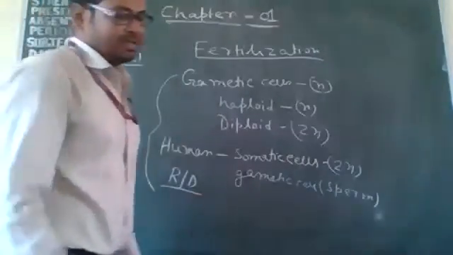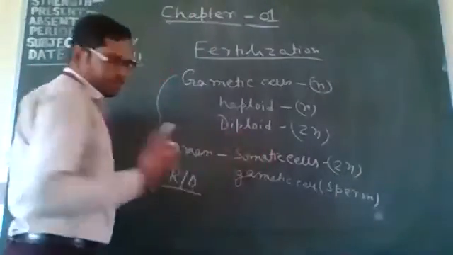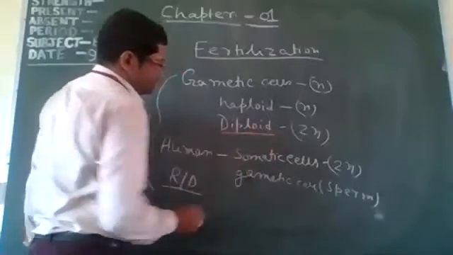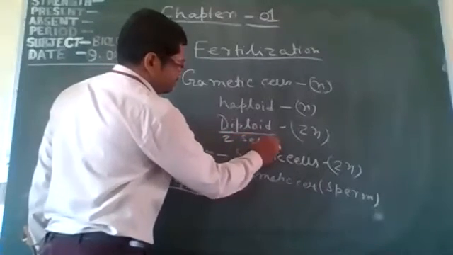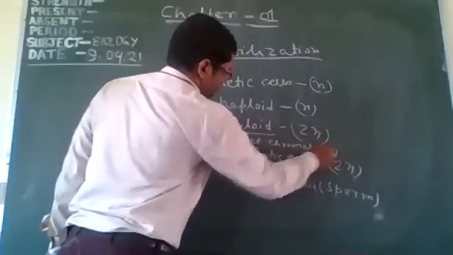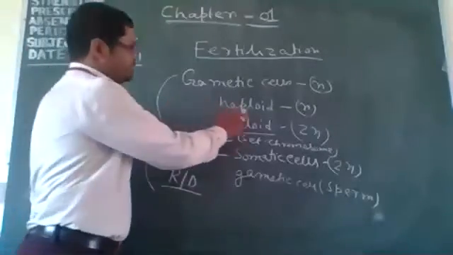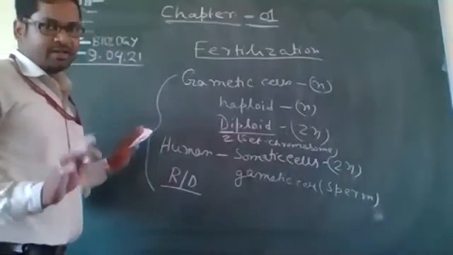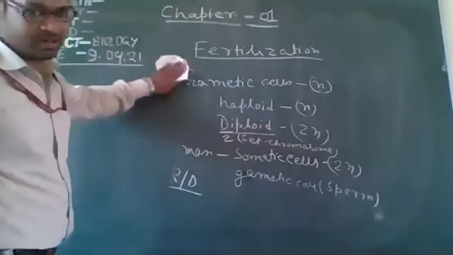Students must keep this point in mind. Why do we say diploid? Di equals 2 and ploidy means set of chromosomes. When two sets of chromosomes are present, it is called diploid, and where only a single set of chromosomes is present, it is called haploid. These are basic things you already studied in class 10th also, but some friends have forgotten them.